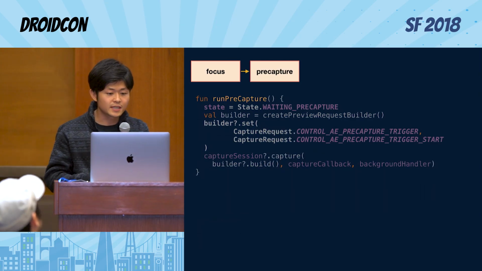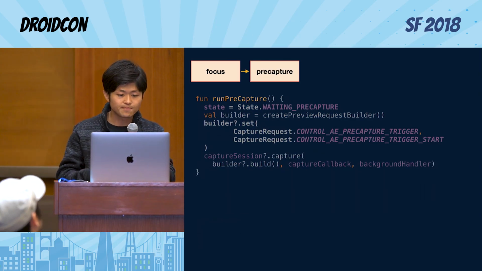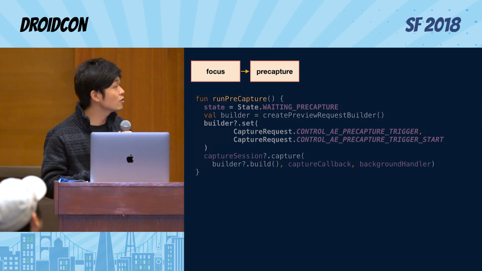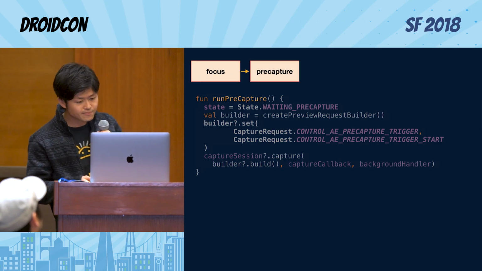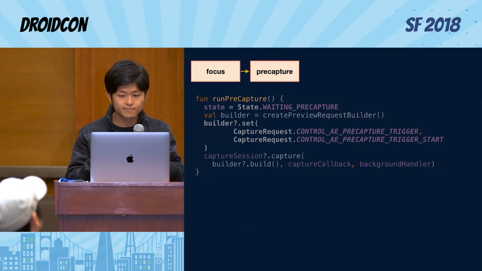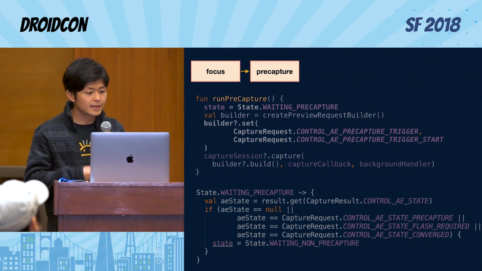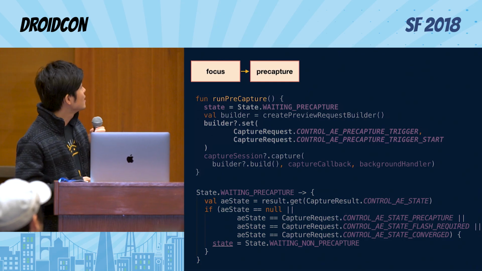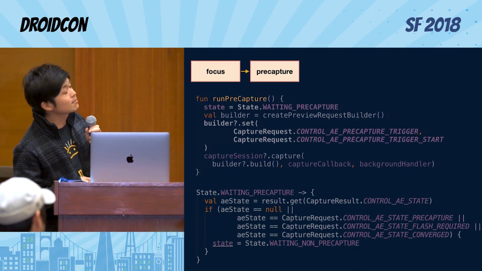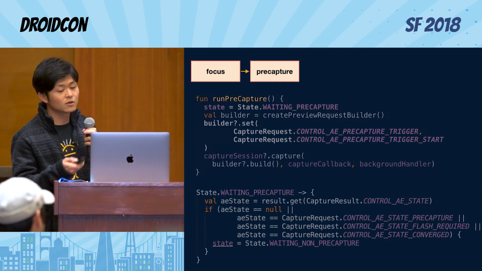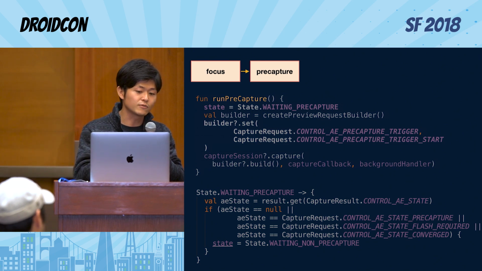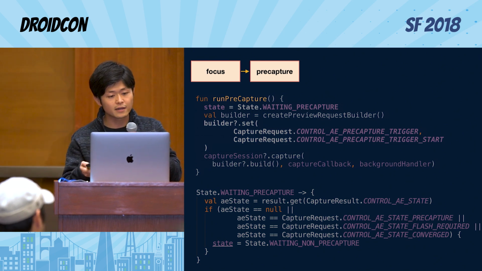Now, pre-capture is a stage where we request auto exposure. Just like we did at the focus lock, we add control AE pre-capture trigger for the auto exposure. And then in the state of waiting pre-capture, we also check the state. As I mentioned, sometimes the device doesn't have the auto exposure feature, and in that case, this state will return null. We check the null status.